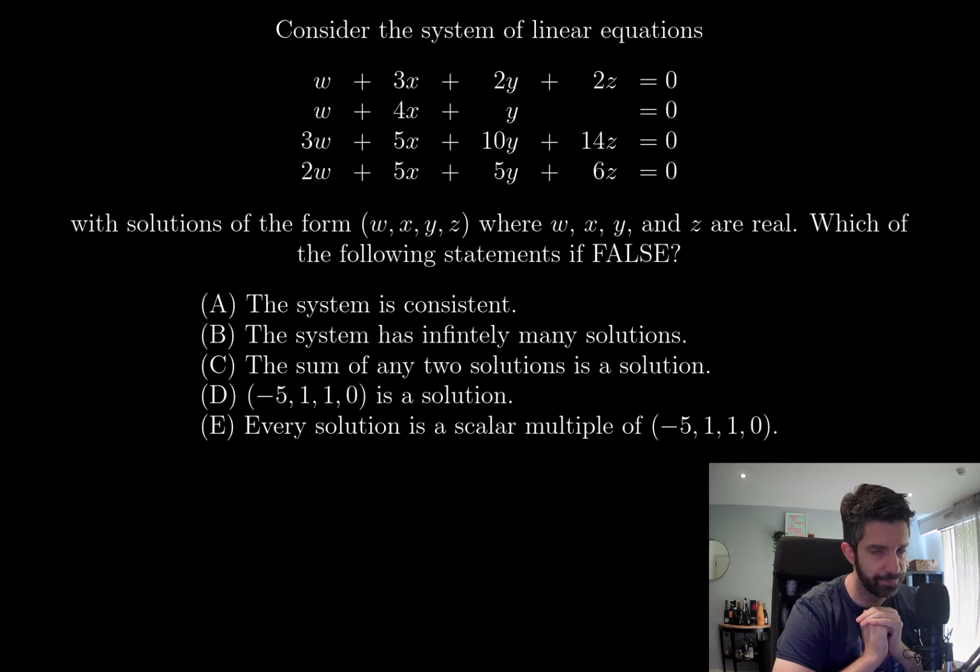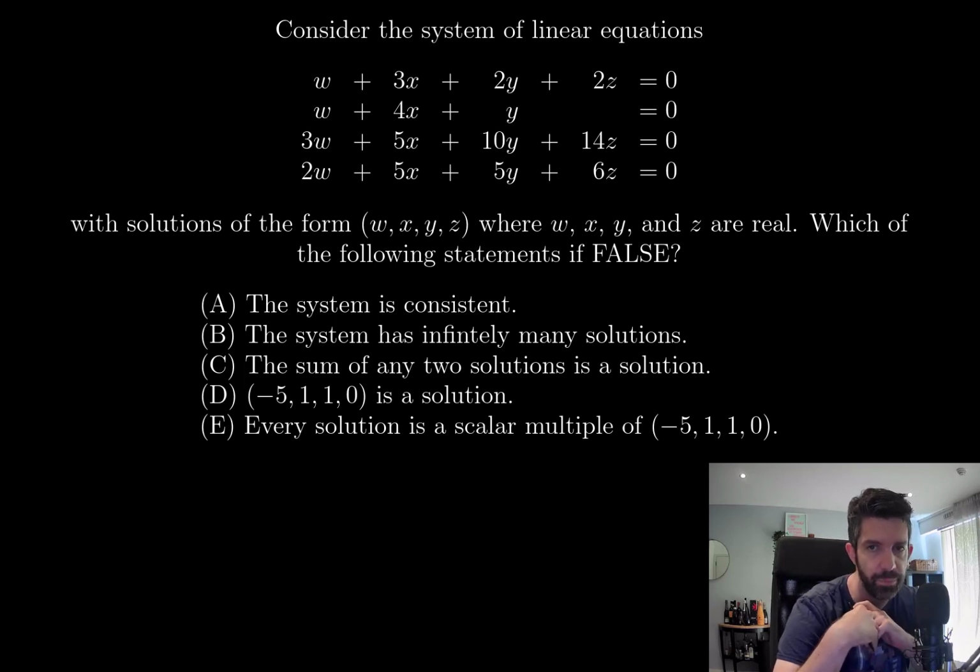So the system being consistent means that there is in fact a solution, and we know that there is a solution to this because it's a homogeneous system. If you look at the equations, the right-hand side of every equality is 0. So we know we have one solution, which is 0, 0, 0, 0. Okay, so the system is consistent.